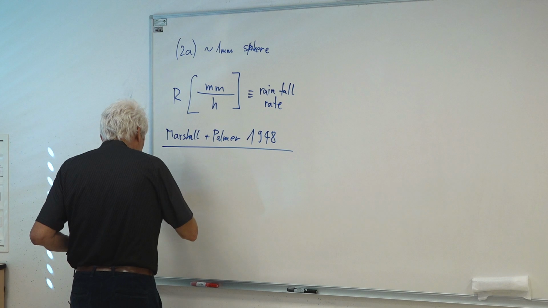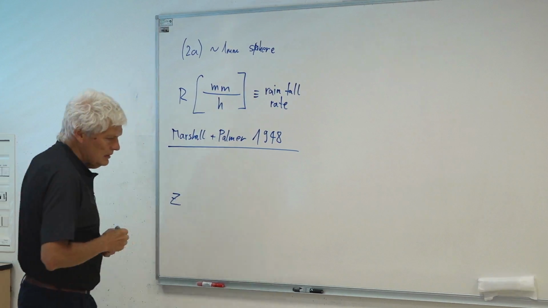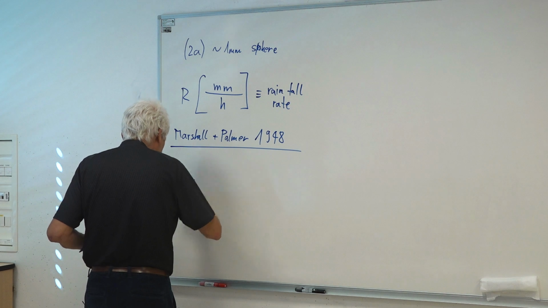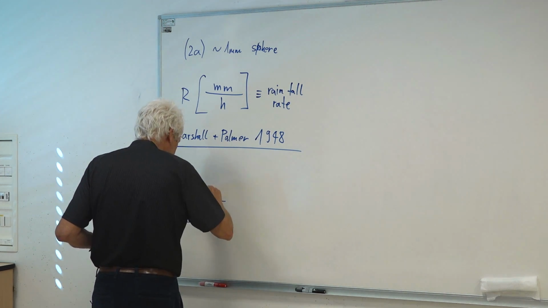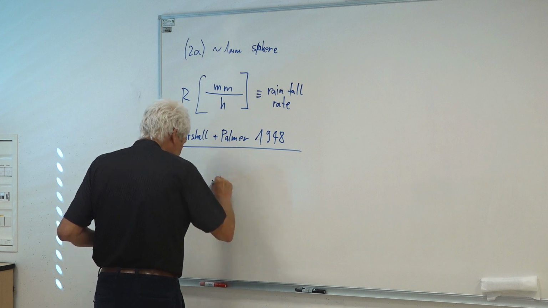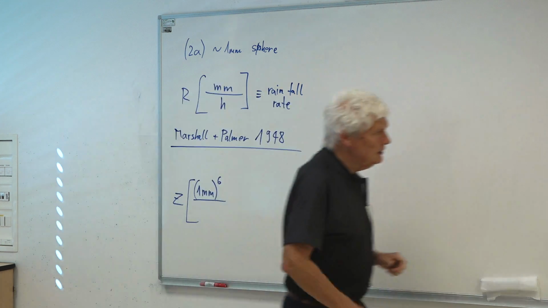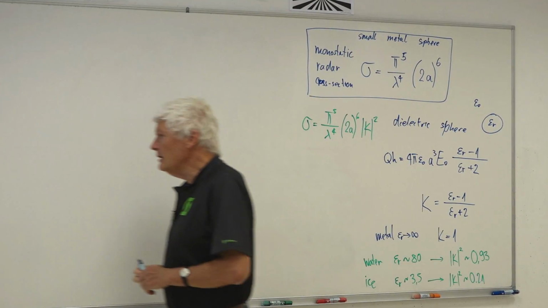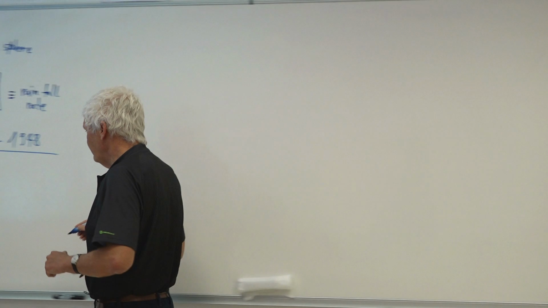So Z is now the reflectivity, and Z is in 1 millimeter spheres to the power of 6. This is what we need in our equation here. This is millimeters to the 6th power per cubic meter of volume.